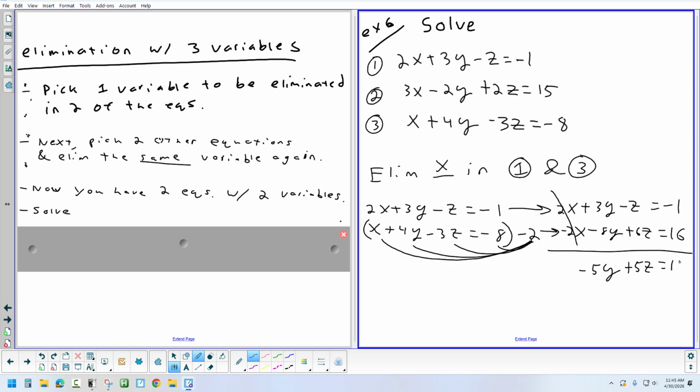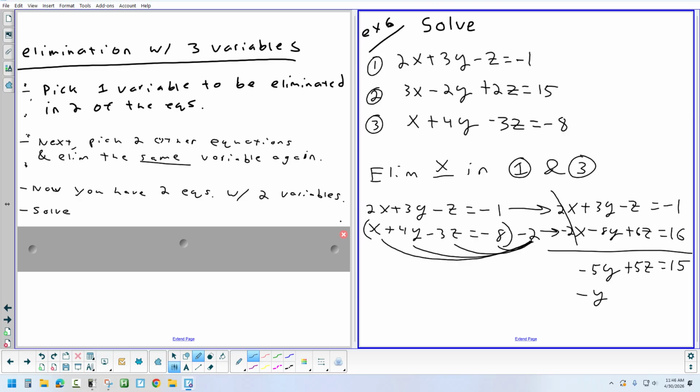15. Now, normally I would stop there. That would be my new equation that I'm going to save and come back to. But there's something I can do here. I don't have to. But if I do it, it's going to make that equation even simpler. Yep. Divide everything by 5. Does that usually happen? No. But this time it did. So I'm going to make it. You could do -5 or +5.